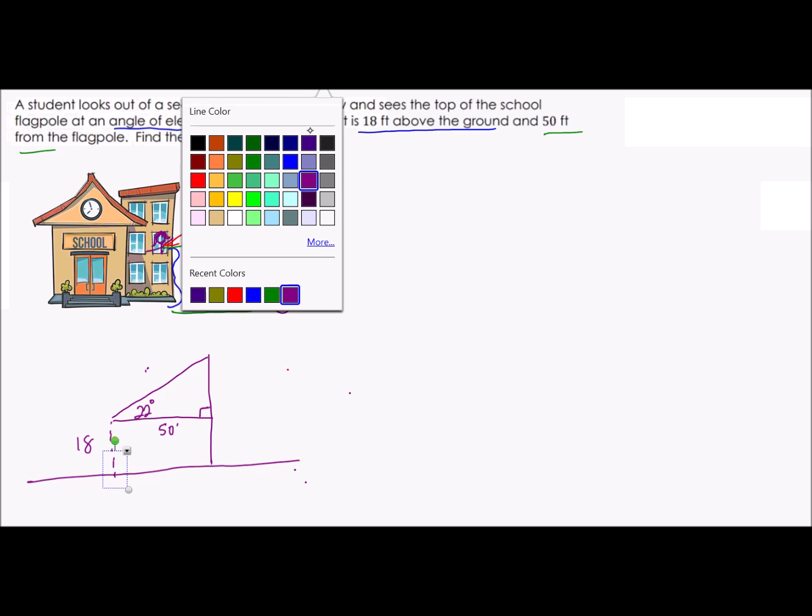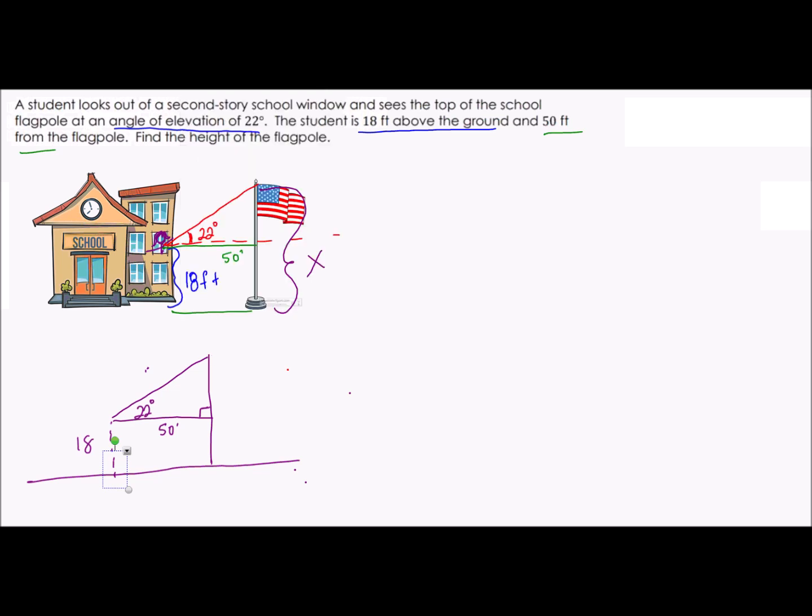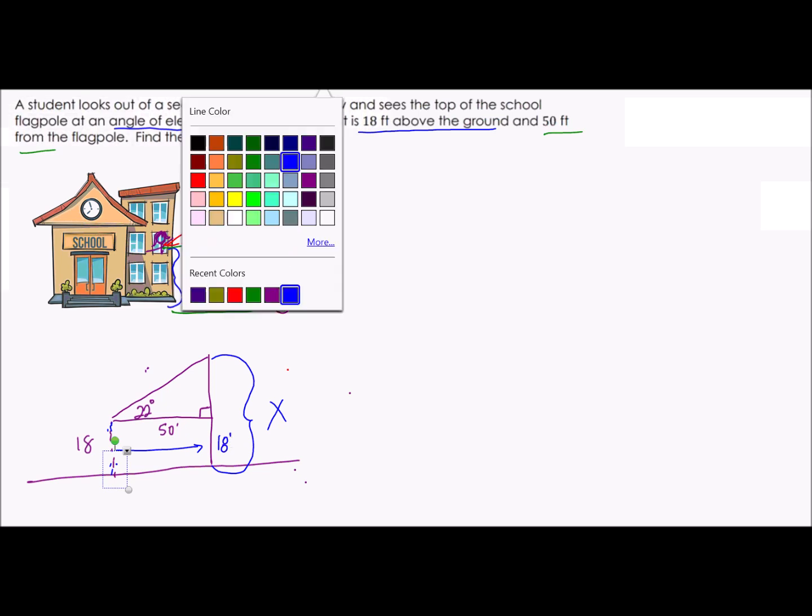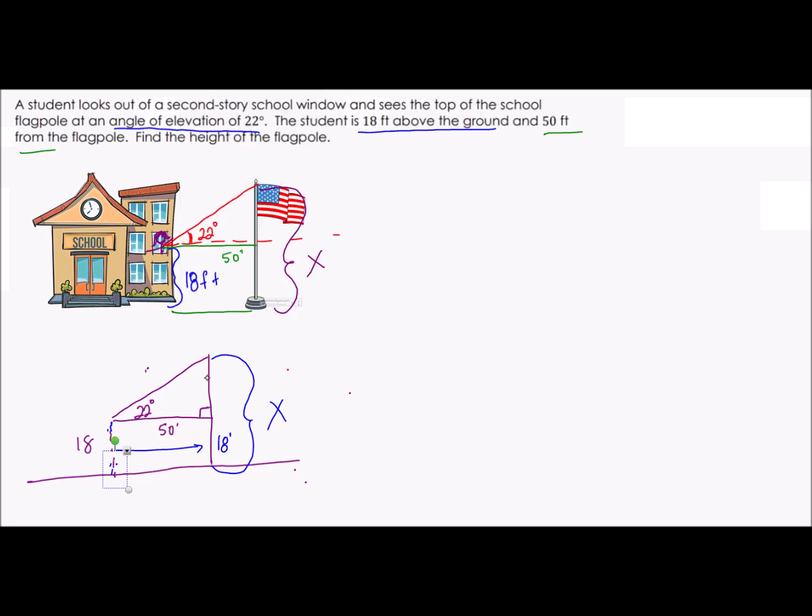Well, since we are trying to find this whole thing, if this guy from here to here is 18, that means this guy is also 18 feet. So what we really need to find is what is this guy? Because whatever that value is, if I add 18 to it, I'll get the whole thing, x.